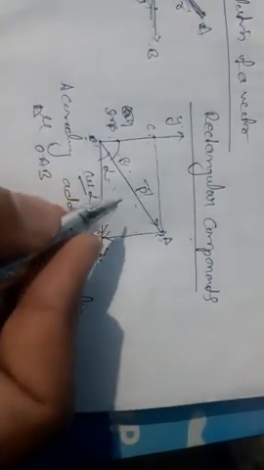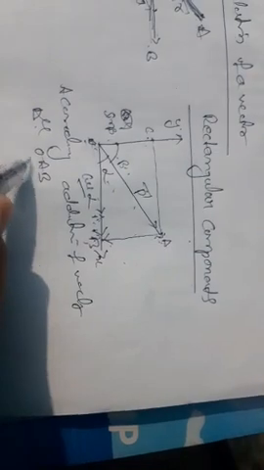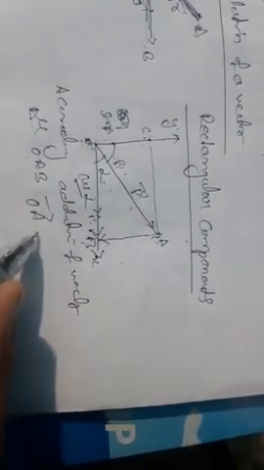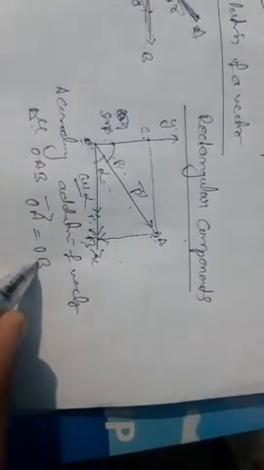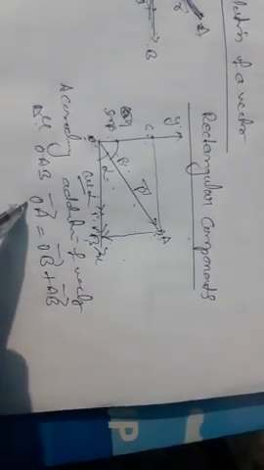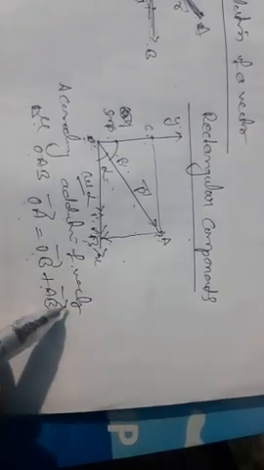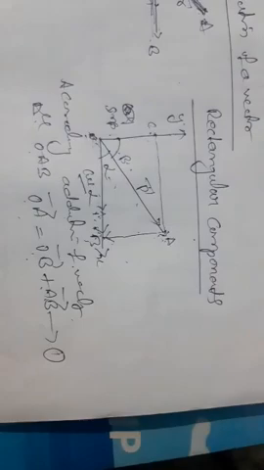From the triangle OAB, the OA vector must be equal to the OB vector plus the AB vector. That is called equation number 1.